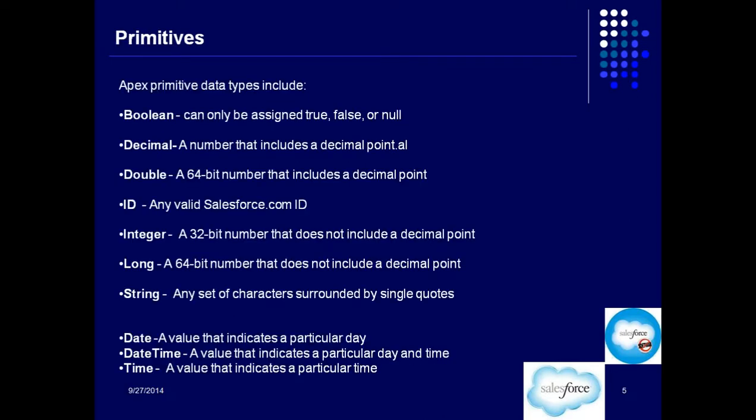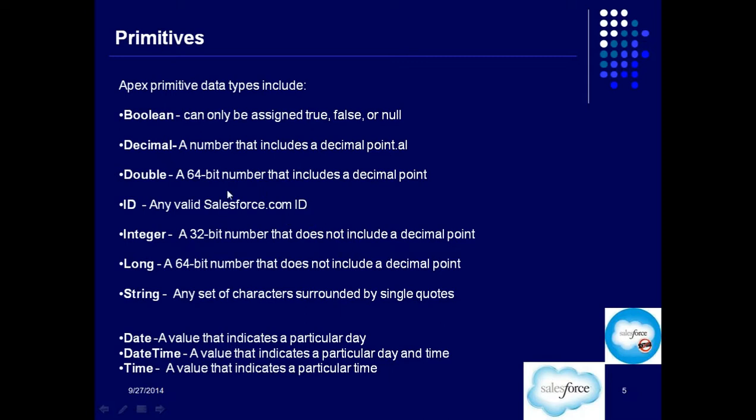So these are the primitive data types, and if you have done any programming or seen any program written, you must have seen some of these, like integer, string, long, datetime. These are pretty common things. The only new thing that we have in Salesforce, which is not there in other programming languages, is ID.